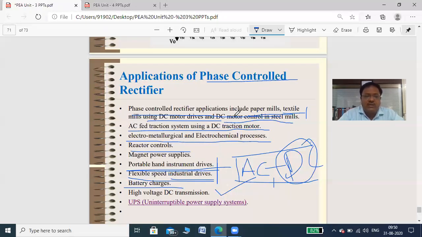So these are some applications. One last application is the UPS. A UPS is also a circuit which converts AC to DC, and then the energy is fed to the battery for the charging purpose. So these are some applications of phase controlled rectifiers.